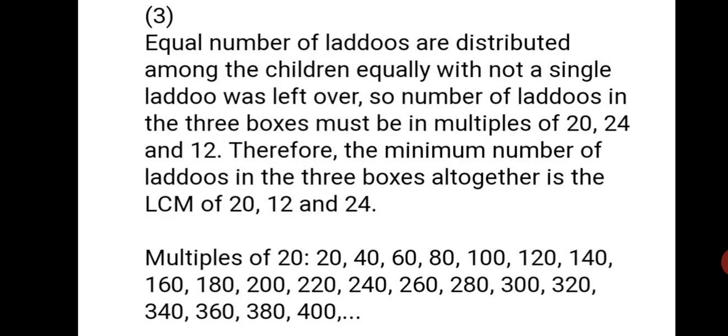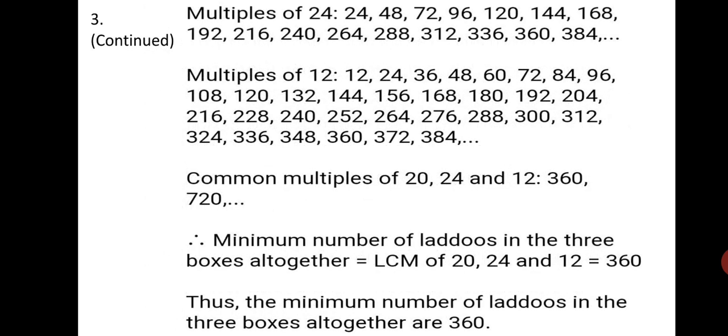So we start writing the multiples. Multiples of 20 are listed, then multiples of 24, and finally multiples of 12. The common multiples of 20, 24 and 12 are 360, which comes first, and then later 720 and so on.